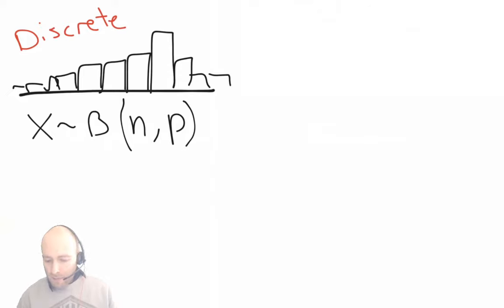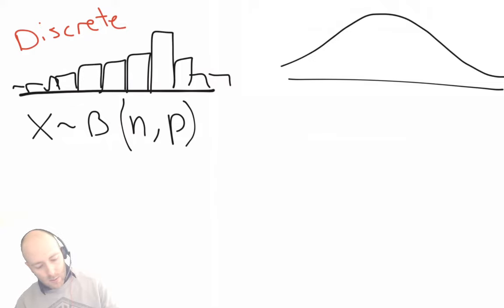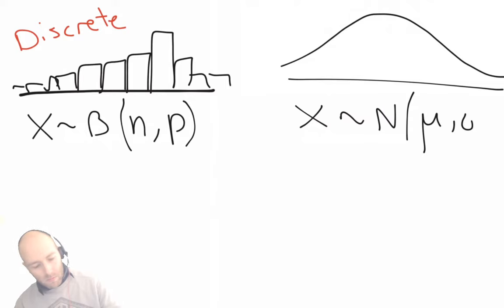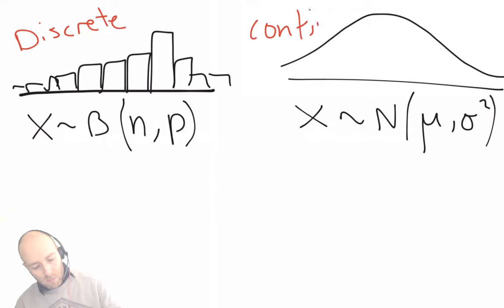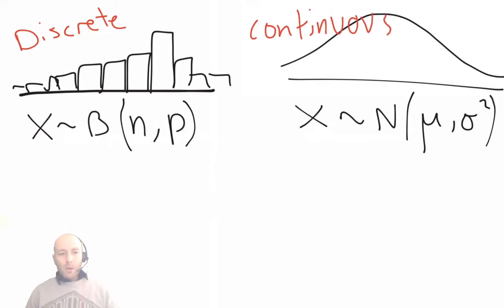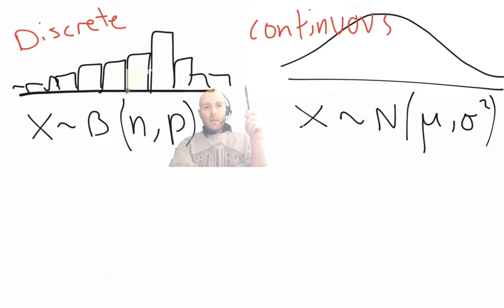The difference between that and a normal distribution is that a normal distribution is a continuous variable. We're going to try and use one of these to approximate one of these.